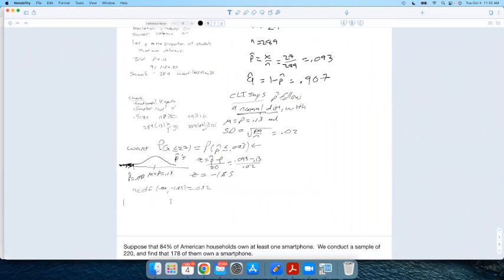So that number there is the probability of getting the sample we got or smaller, because we went below.